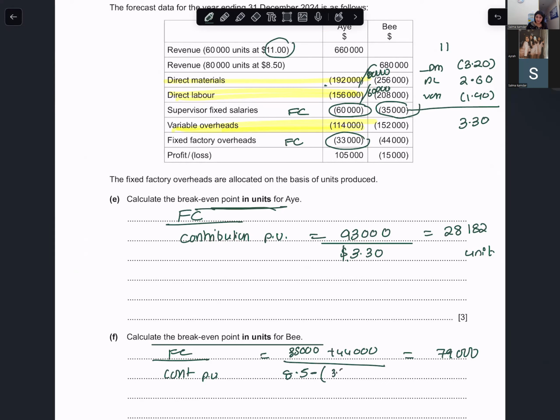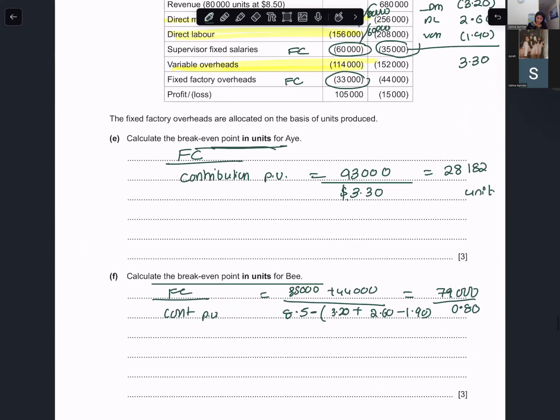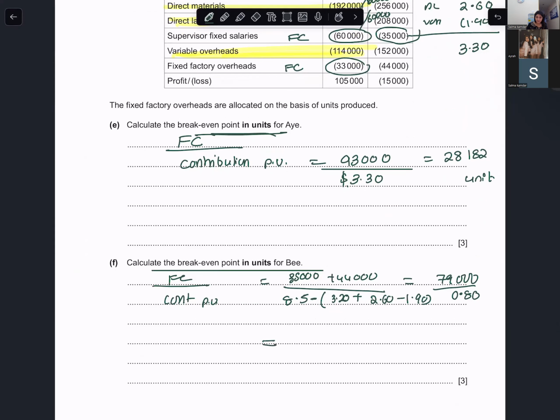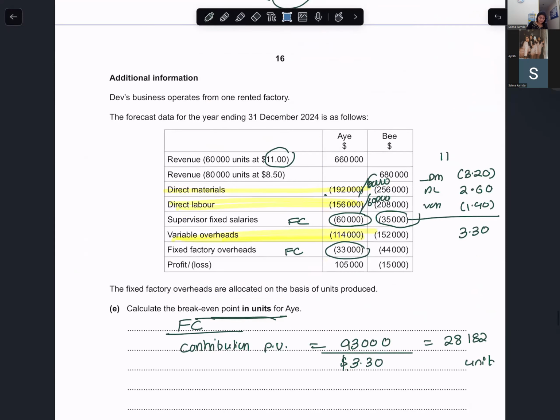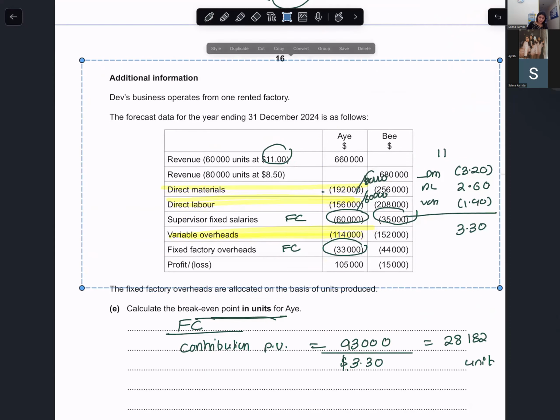Direct labor, same thing, right? So contribution per unit is coming up to 0.80. So break-even point for B is 98,750. Okay, I'll take this information down.